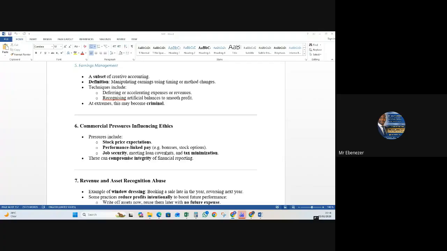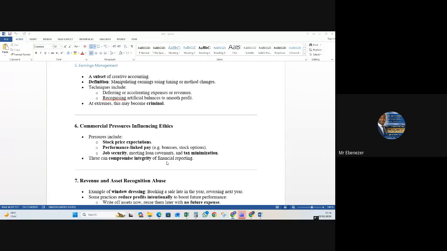It can also be job security, whereby you want to meet loan covenants and you want to reduce tax. Those are the pressures.